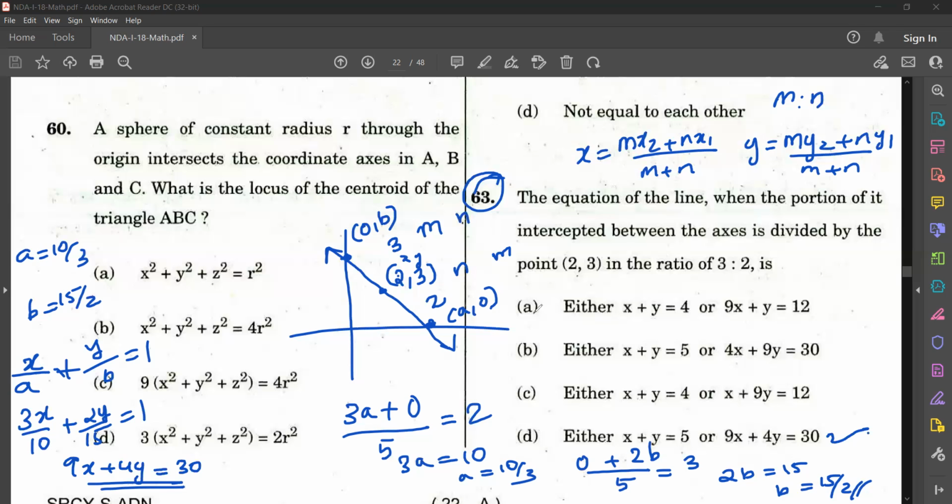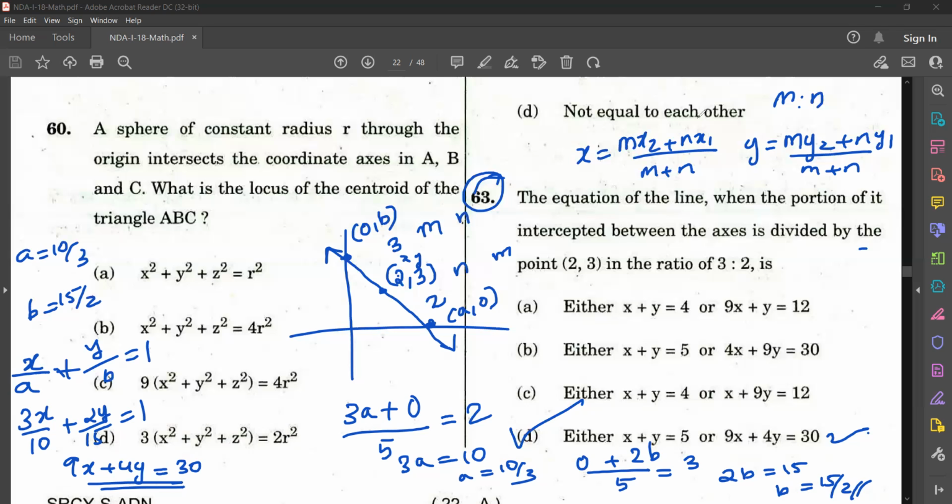That is also fine. If you do like that, you'll get x plus y is equal to 5. Anyway, you have to apply the section formula and intercept form. Here we have only one option similar to our answer, that is 9x plus 4y equal to 30, so we can just stop there. The answer is option B, the correct answer.